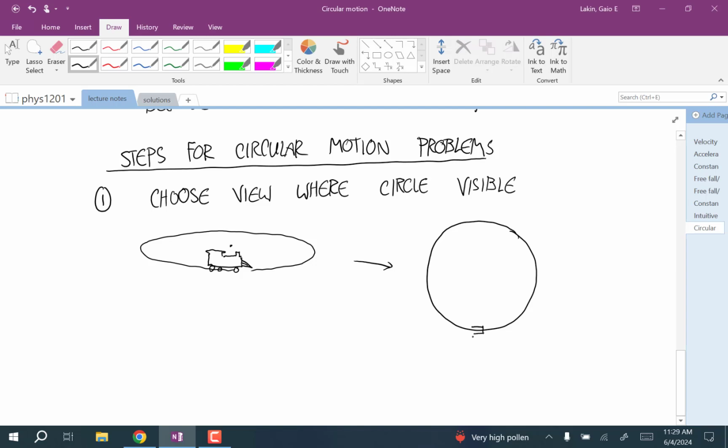And so there's the top of the train. And we're going to take this top view. And we're also going to choose a coordinate system while we're here. The location of the origin doesn't matter, only the directions matter for the kind of calculations we're going to do. So choose the view where you can see the circle, orient the coordinate system, and that's the first step.